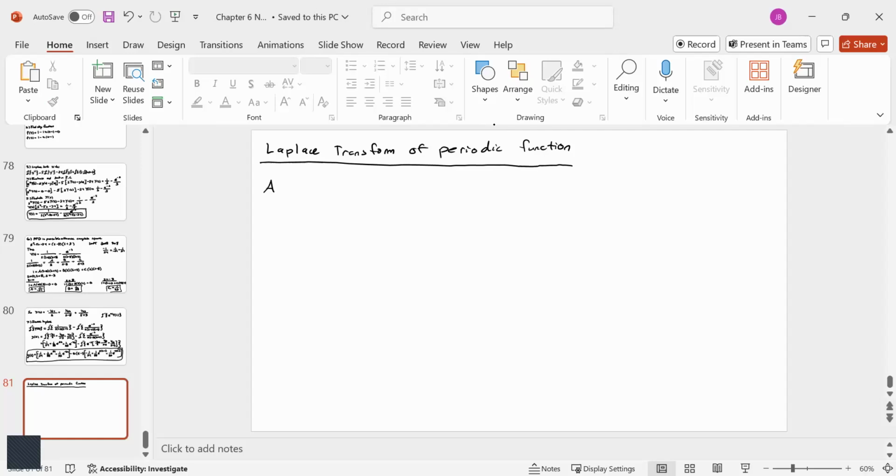So a periodic function is one defined as, in this case, f of t plus capital T is equal to f of t. I think our textbook uses s, but I will use f right here. So basically, it's periodic because it repeats itself.